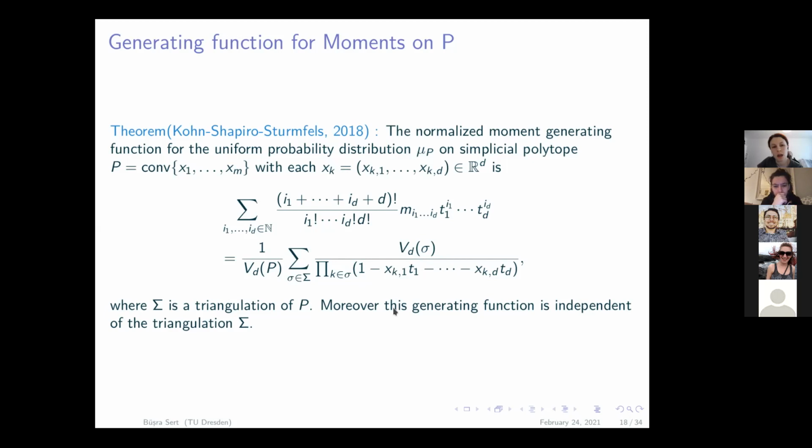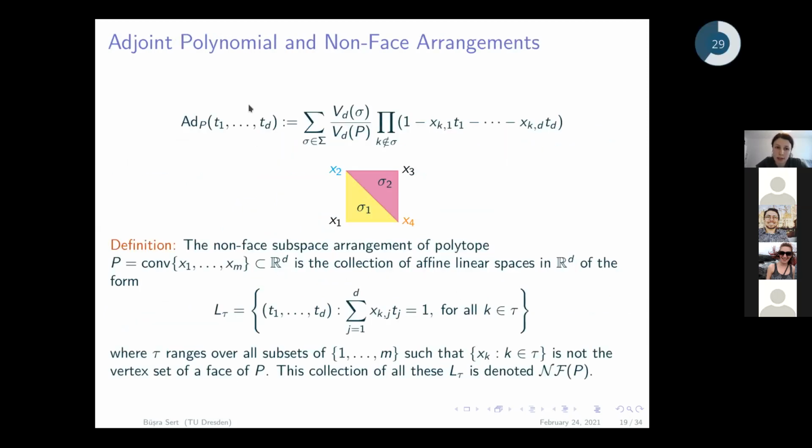When we write this generating function over a common denominator, we just rearrange it and write it over a common denominator, and then the numerator of this expression is called the adjoint polynomial.